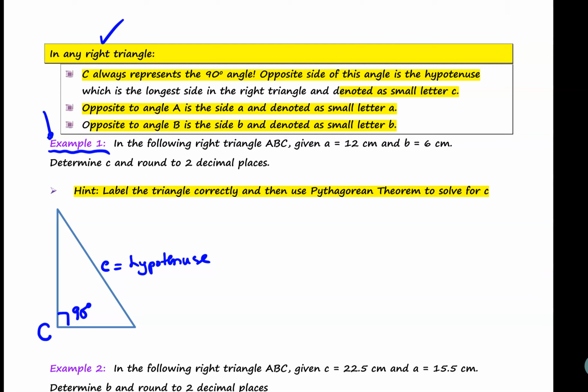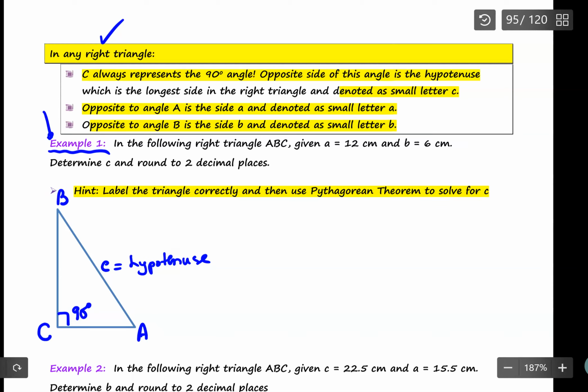You can make this angle A and this angle B, or you can make this angle A and this angle B, as long as across from A, or opposite to A, you label this as side A, and opposite from B, you label this as B.